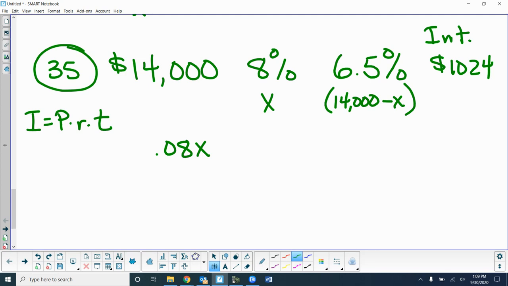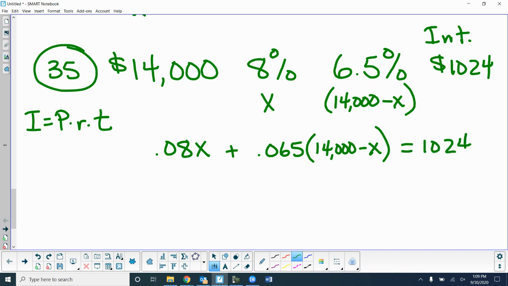So 6.5 is 0.065. And again, you just multiply the interest rate times the amount of money, and then you're going to do addition to find the total. And they gave us the total interest was 1024. So this is what our equation looks like.